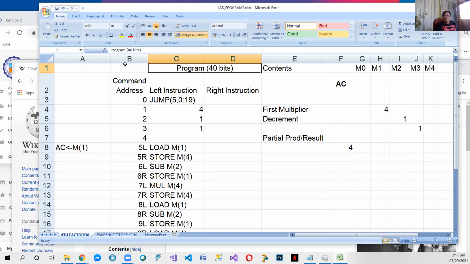Vertical, because in memory, they're also stored vertically. Okay? Pero the good news is the modern computers don't have a left and right anymore. Do you follow? Before we proceed, why is there a left and right? It makes it a lot confusing. In fact, in the IBM 701, there's no more left and right.